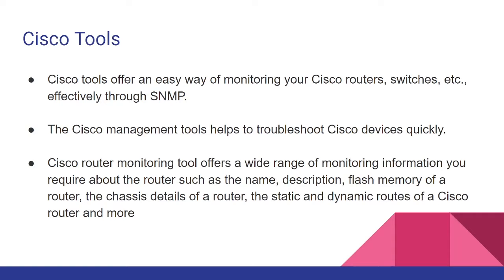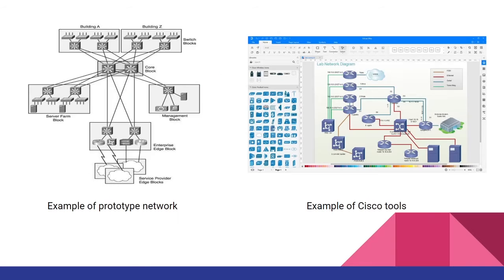Cisco Router Monitoring Tool offers a wide range of monitoring information you require about the router, such as the name, description, flash memory of a router, the chassis details of a router, the static and dynamic routes of a Cisco router, and more. So these are the examples of a prototype network and examples of Cisco tools.